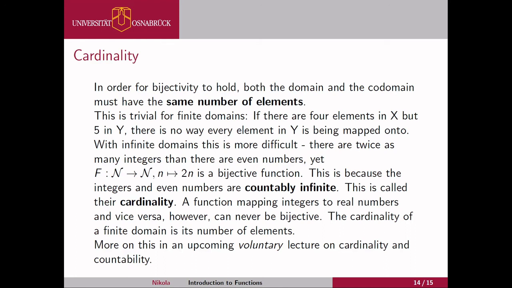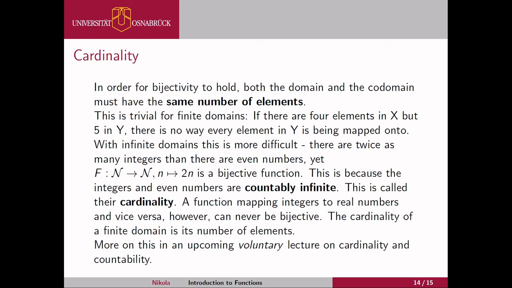You would be right to say that intuitively there's twice as many integers than there's even numbers, right? Because when we just take the even numbers, we take out every second number. However, in set theory, this is not necessarily the case, because both sets are countably infinite.